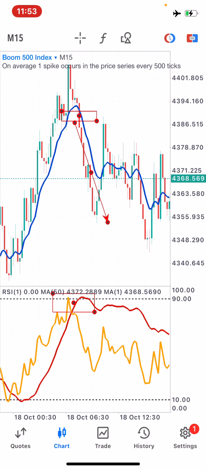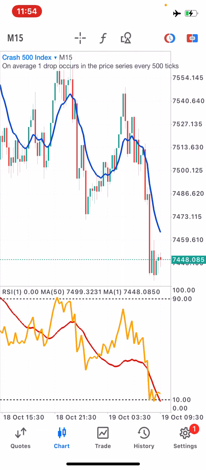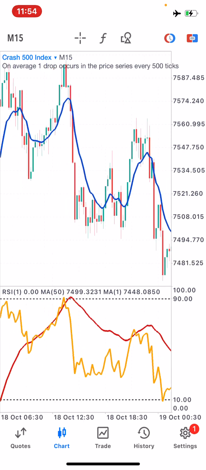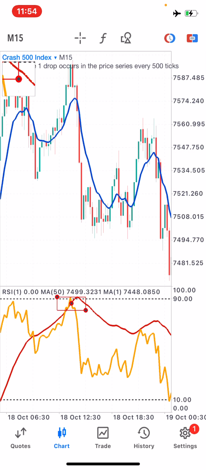And the market pushed all the way down, right? This is boom 500. You can also do it the same on crash. You also get the same results, as you can see, with nice setups here, another nice one, and the market pushed all the way down like that.